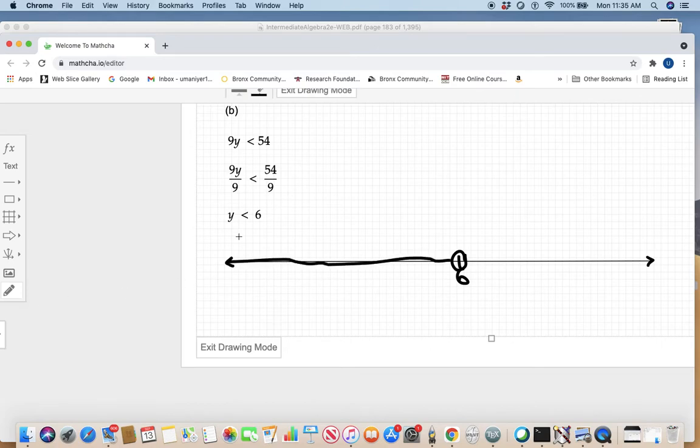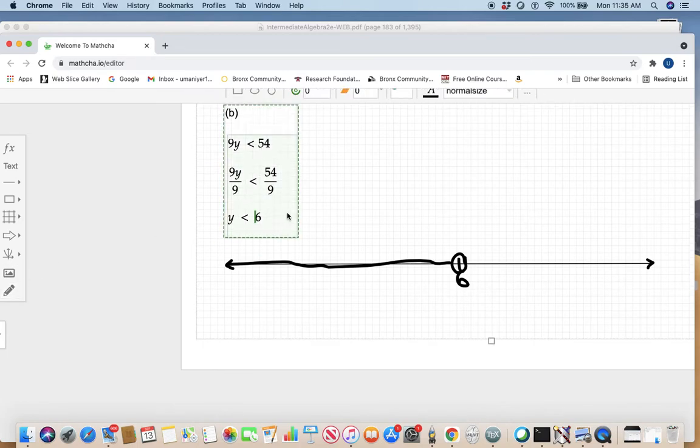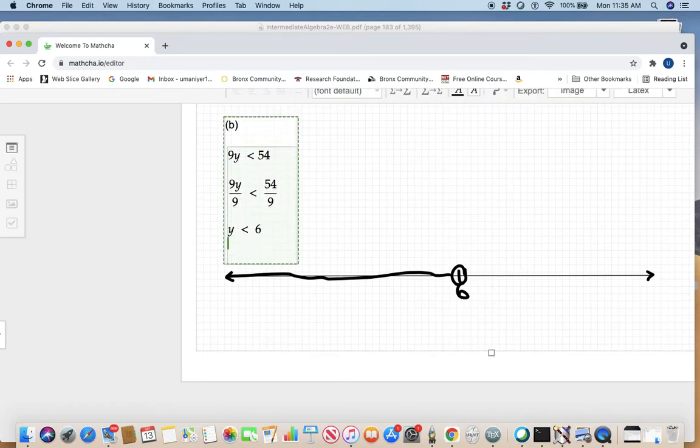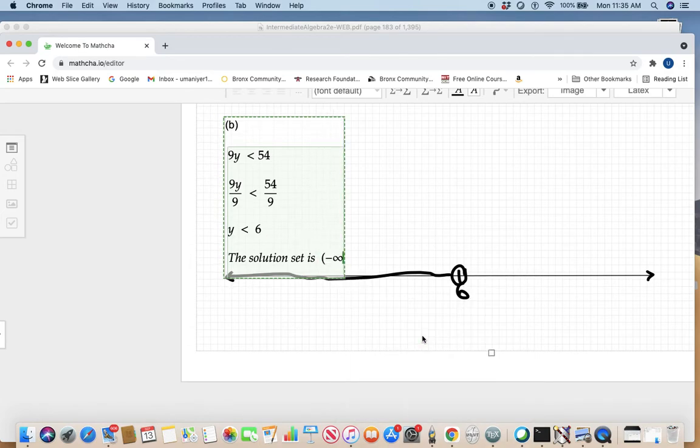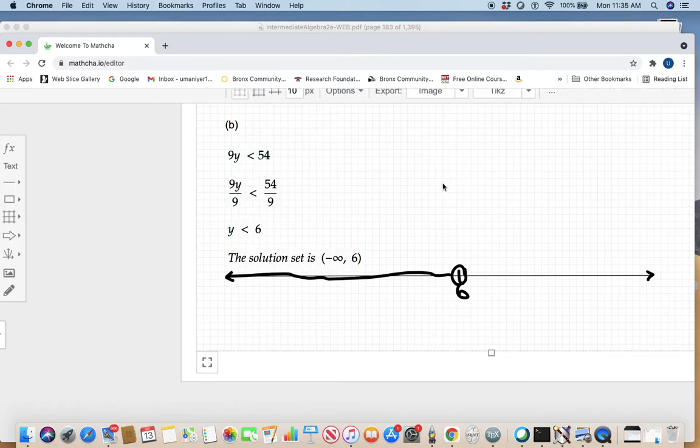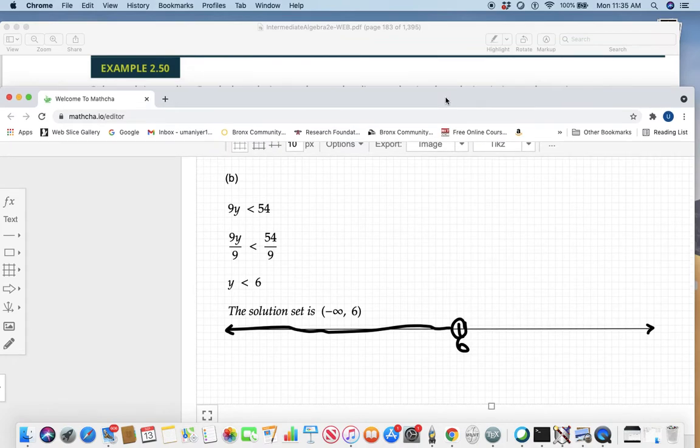So the interval here, the solution set, is open negative infinity to open 6. All right, next problem.